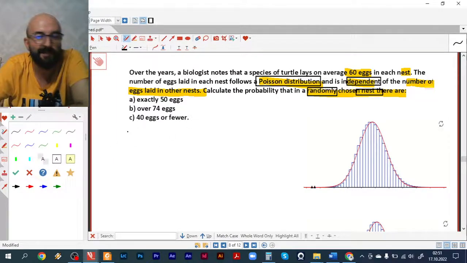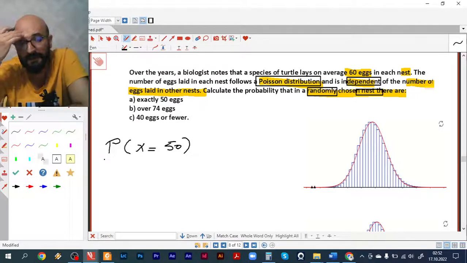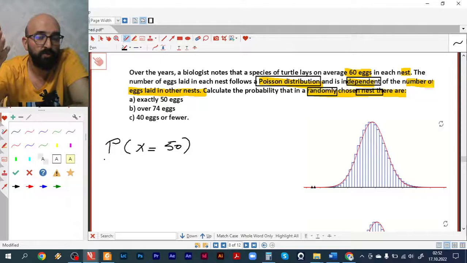For question (a), they ask us the probability of X being exactly 50. For exactly, you can use the Poisson distribution formula.